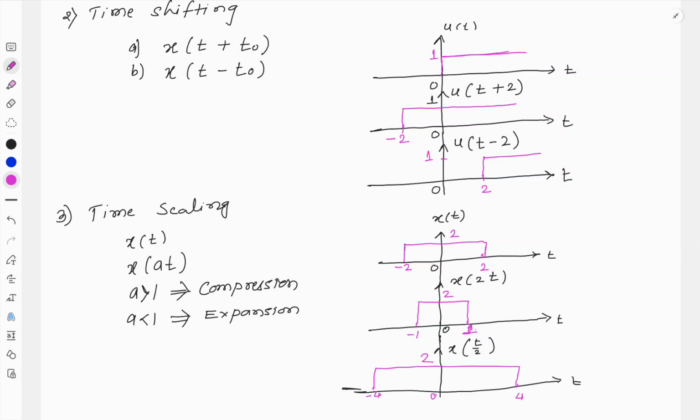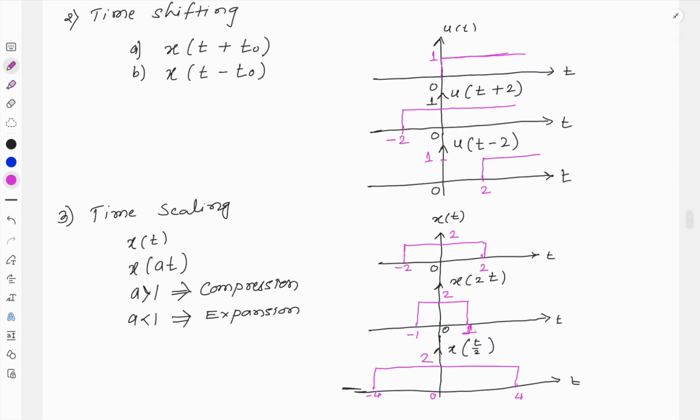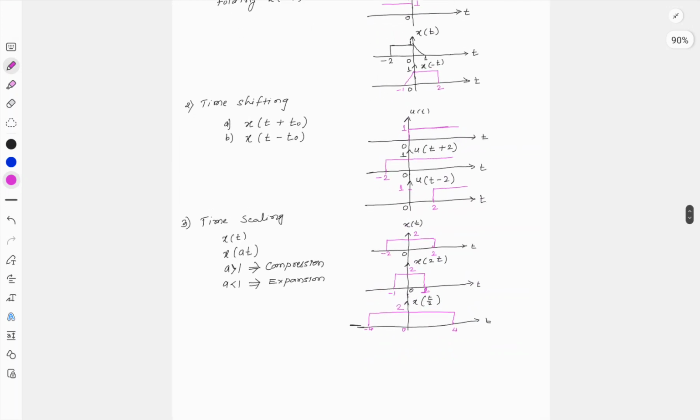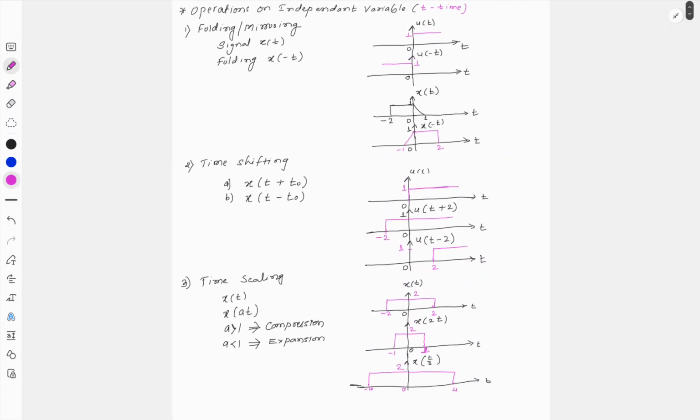If you look at every operation whatever we have seen so far, all the 3 operations, the first operation was folding. So on the y-axis we are going to keep a mirror, and whatever is seen towards the right-hand side is drawn on the left by folding it. So here the signal is going to change direction. In the second operation it is time shifting. If the shift is positive, the signal is shifted towards the negative axis. If the shift is negative, the signal is shifted towards the positive axis, keeping amplitude the same.